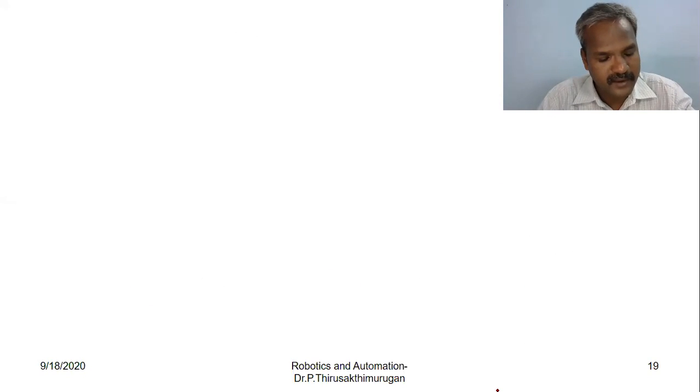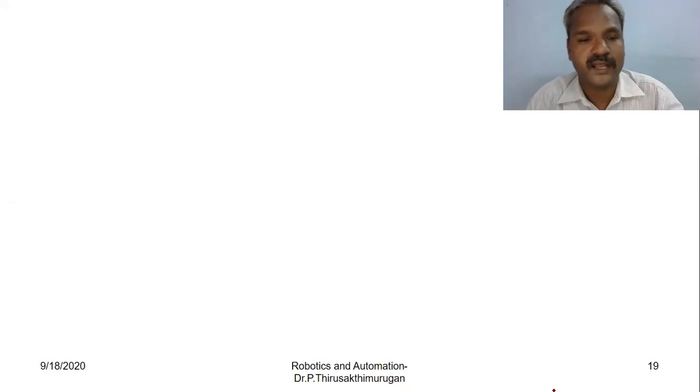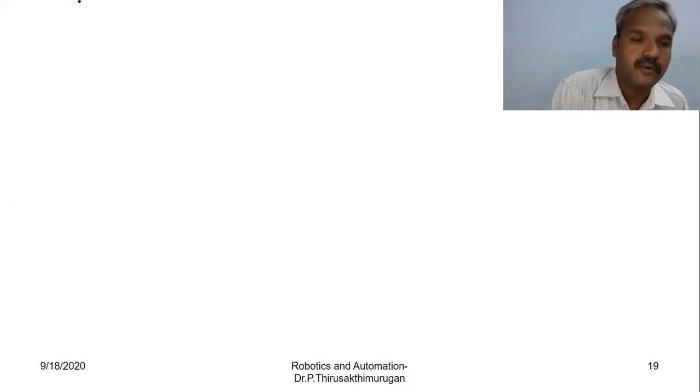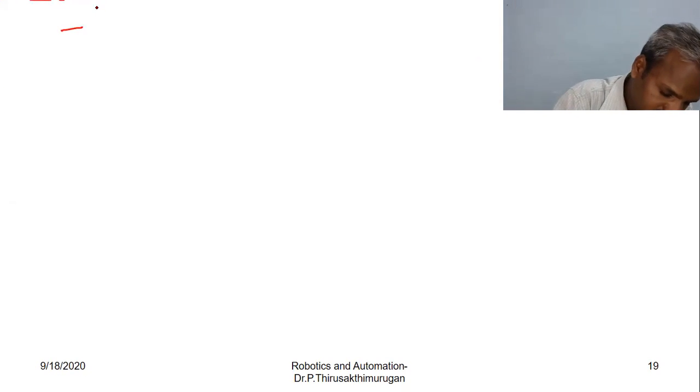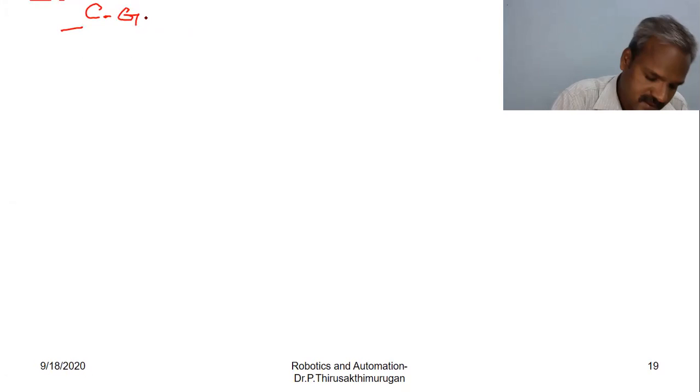What is the middle point about the y-axis? So we have to calculate two center of gravity lines, one about the x-axis, the other about the y-axis. So center of gravity about x.